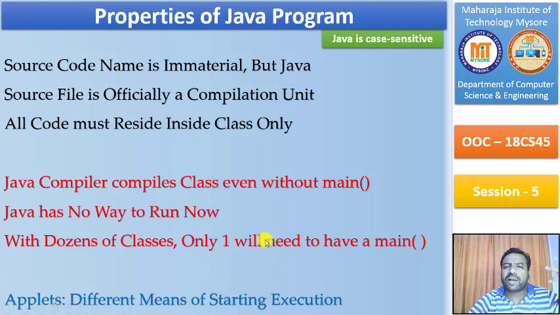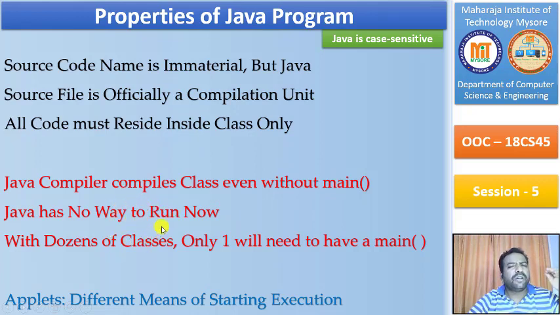If multiple classes have a main function, it's of no use, because only the main function in the class whose name matches the program name will be called. Hence, this is what you need to know about the properties of a Java program.